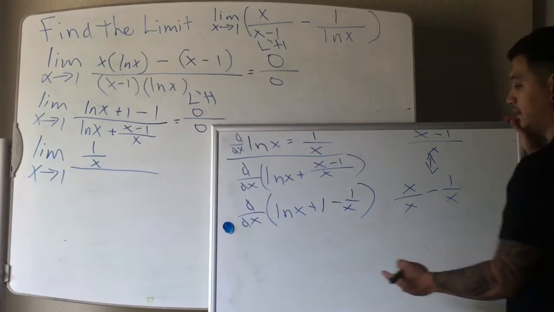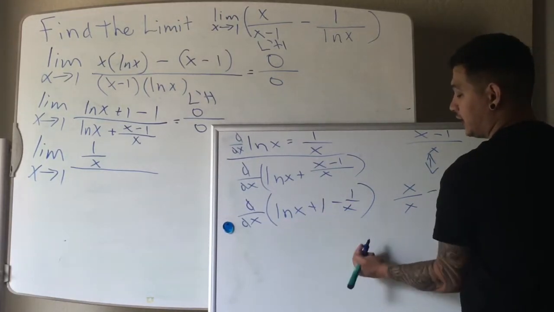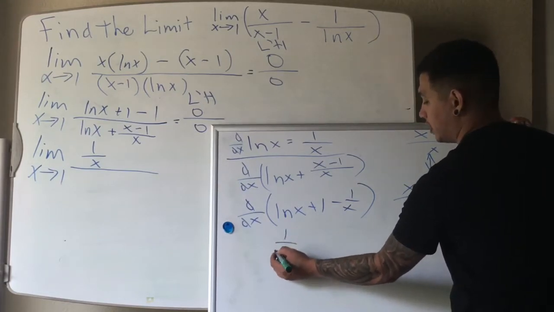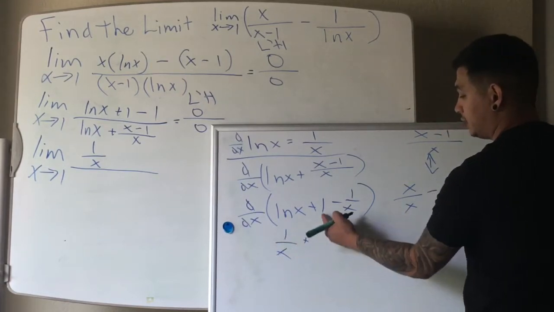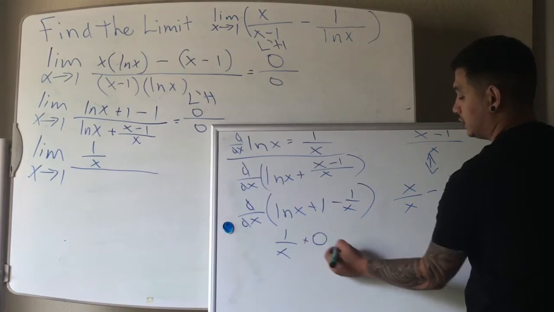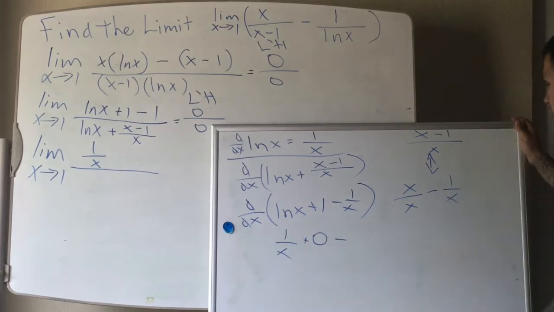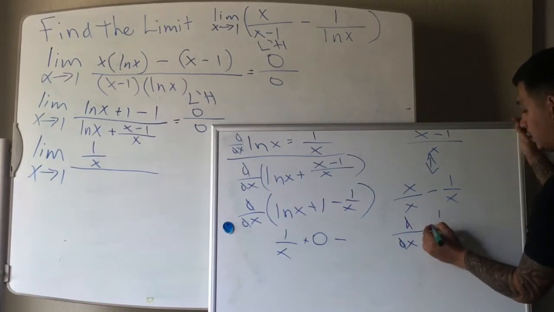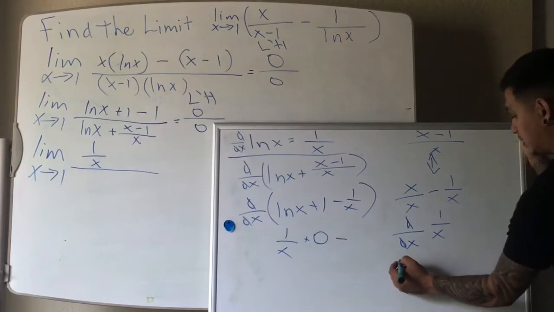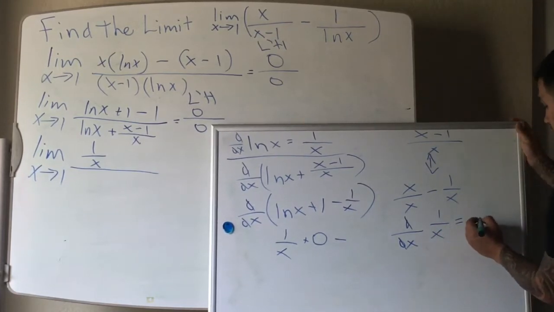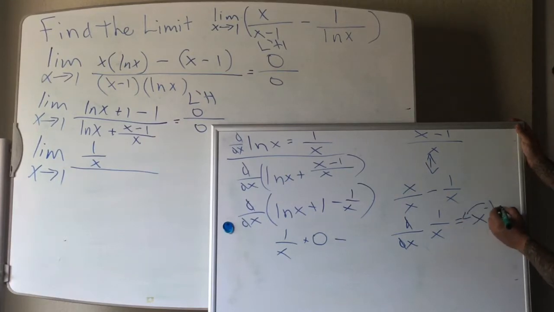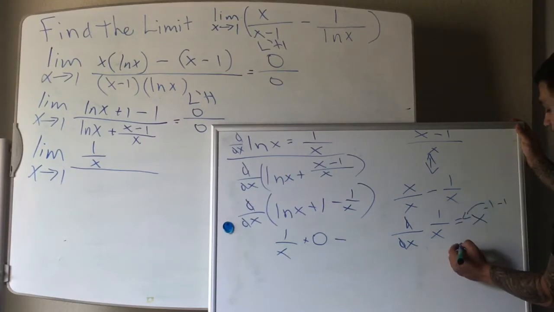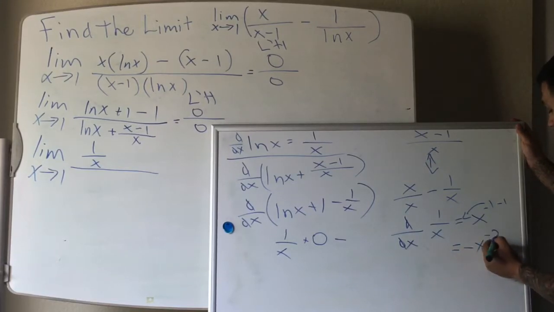So now we take the derivative. The derivative of ln x is 1 over x, plus the derivative of a constant is 0, minus the derivative of 1 over x. Well, that's the same thing as x to the negative 1. So you bring down the exponent and you subtract 1. So this becomes negative x to the negative 2.